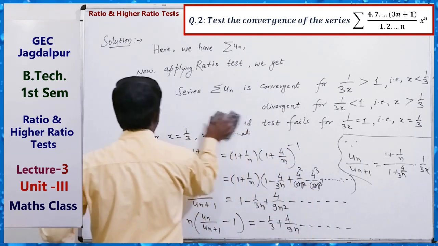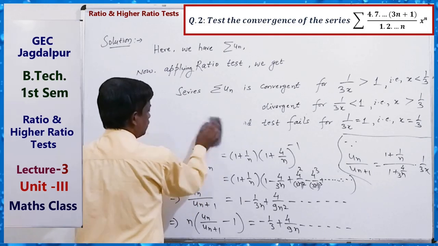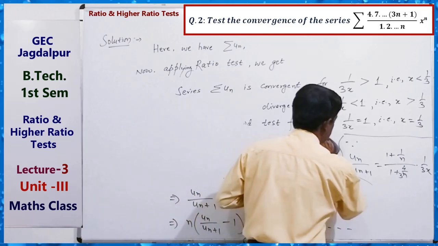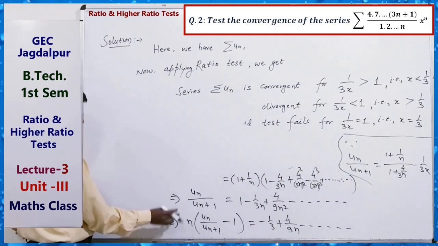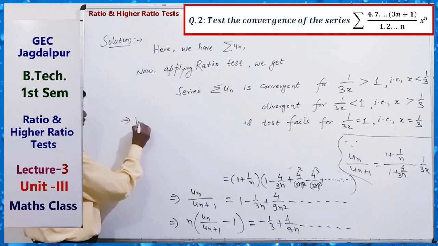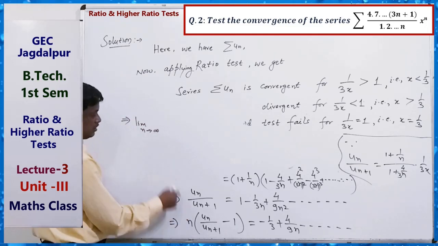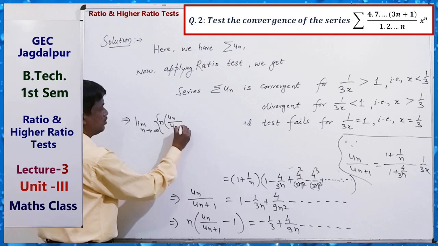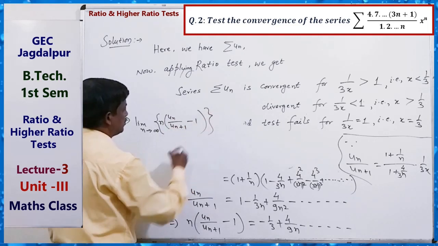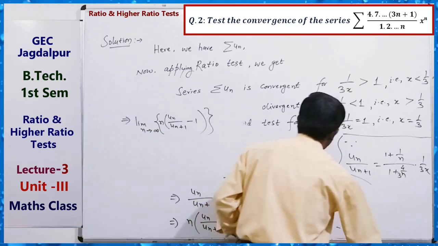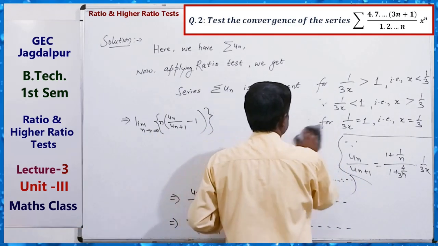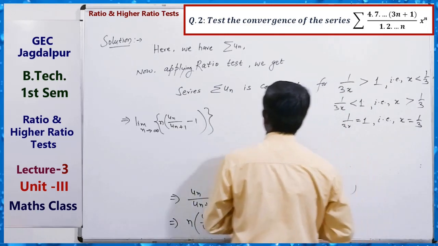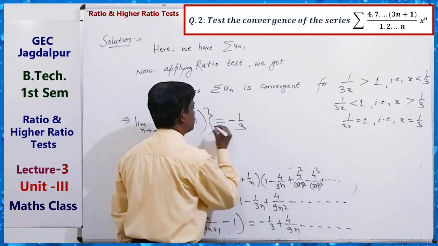So for x equal to 1 by 3, the limit as n tends to infinity of n into (u_n upon u_{n+1} minus 1) is equal to minus 1 by 3.